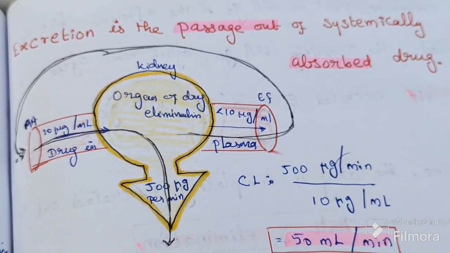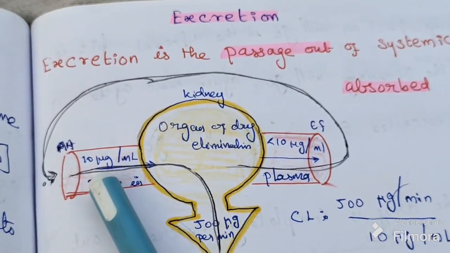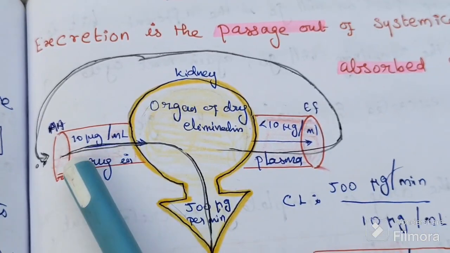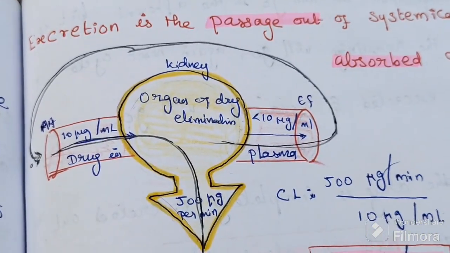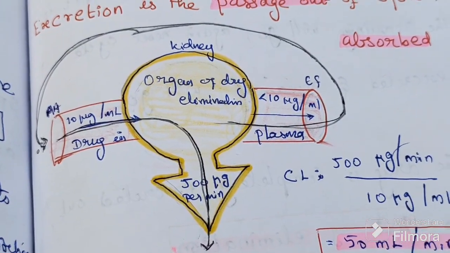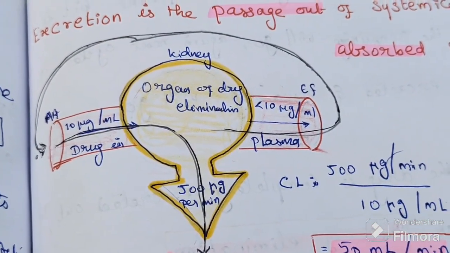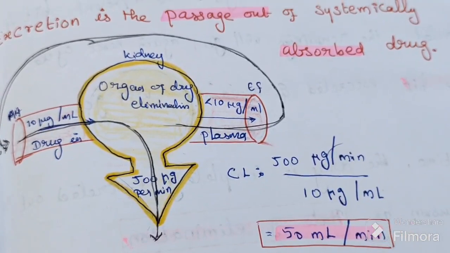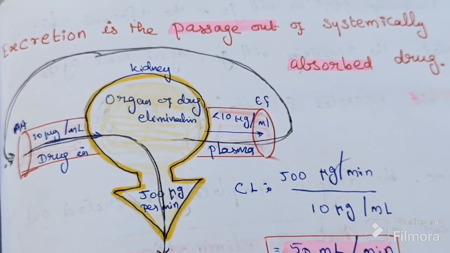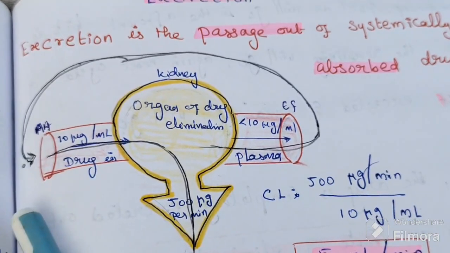For example, it contains 10 microgram per ml. This is the plasma concentration of the drug, known as PC. Plasma concentration is how much drug is present in the afferent arteriole.